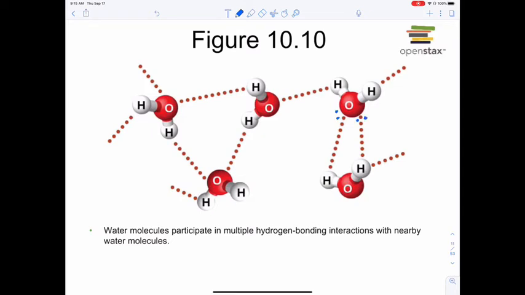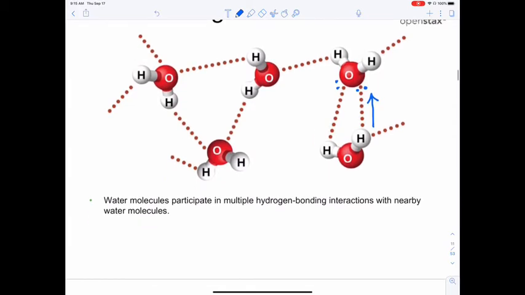There would be this additional attraction between this hydrogen and this oxygen. Then each of those oxygens is going to be attracted to hydrogens in another molecule, and thereby form some kind of ice or crystalline structure.